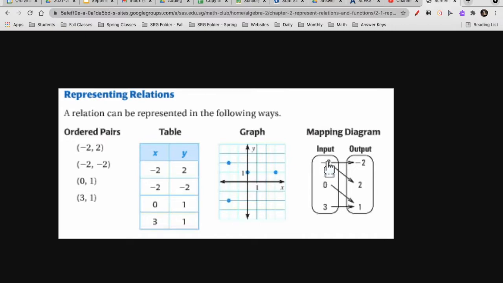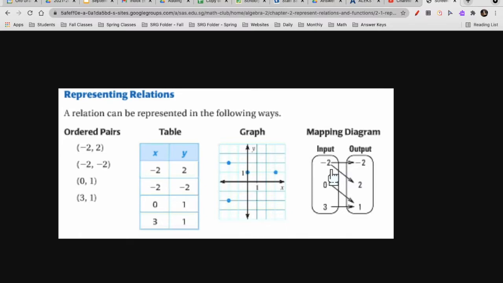If I put -2 in and I get -2 out of my machine, and then I put -2 in again and I get 2 out of my machine, something went wrong. If I put the same thing in, I should get the same thing out. So I shouldn't get 2 different values by putting in the same number. All right? So that's the difference between a relation and a function.